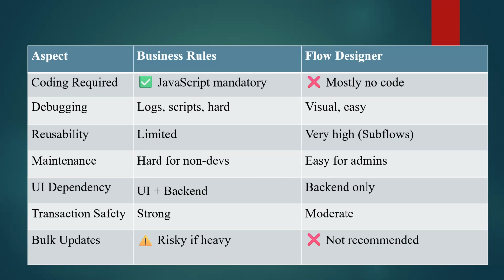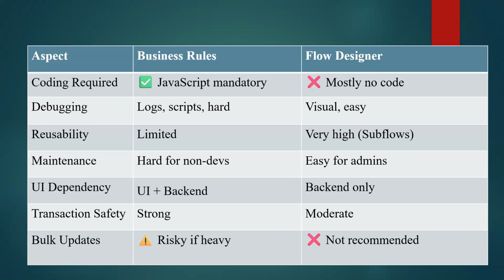Reusability. Business rule logic is usually tied to one table. But flow designer uses subflows, which are highly reusable. Maintenance. Business rules are harder for non-developers to maintain. But flow designer is easy for admins and functional users.